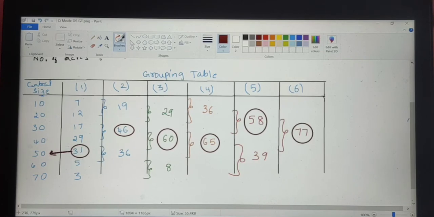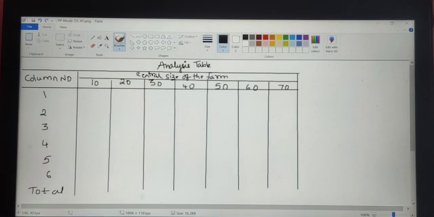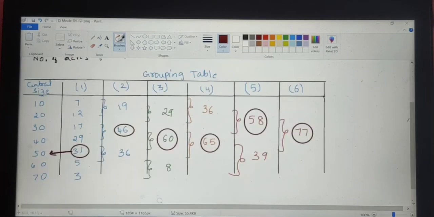So we check the corresponding values which are in the X column. So 31 is in 50. So now in our analysis table, we will be marking for the first column, it lies near 50. So you can put a tick mark. Now, when we go back to the grouping table and check, in the second column, we have 46 as the highest value.